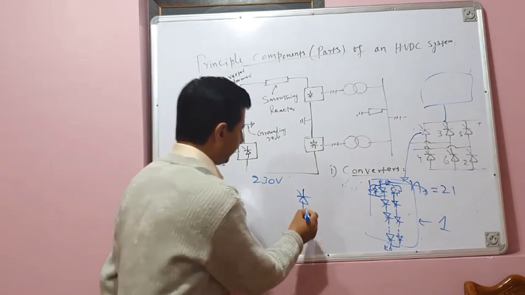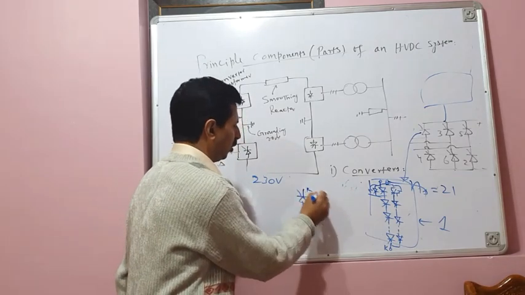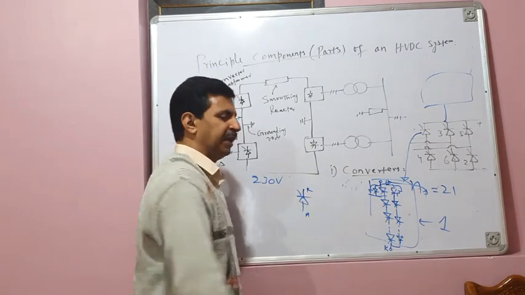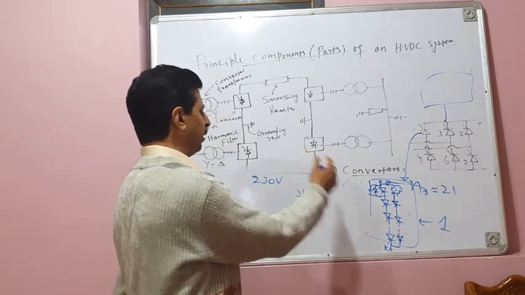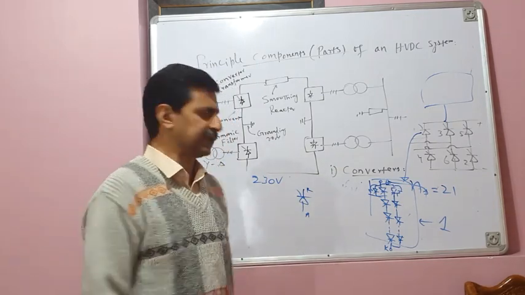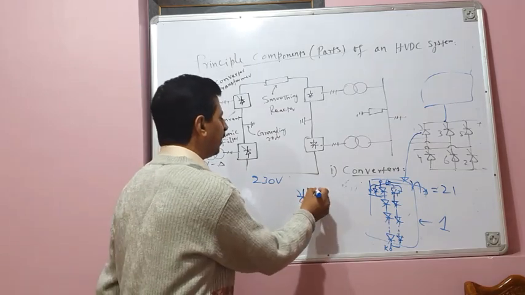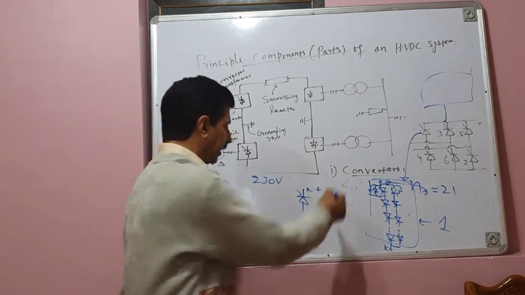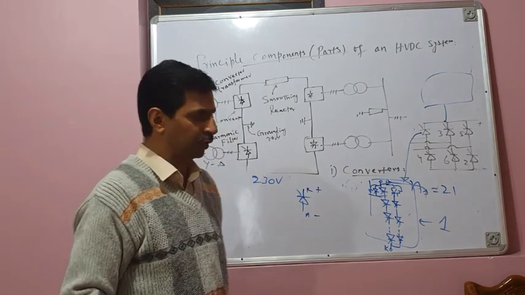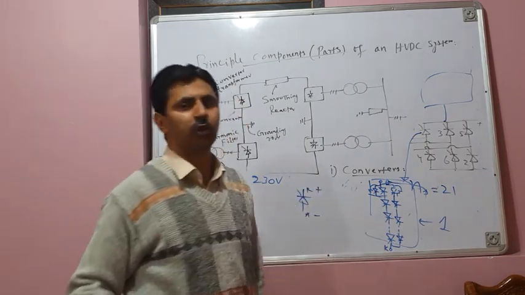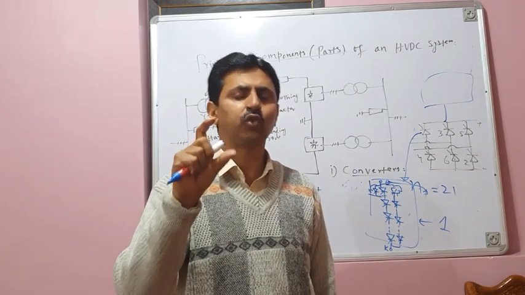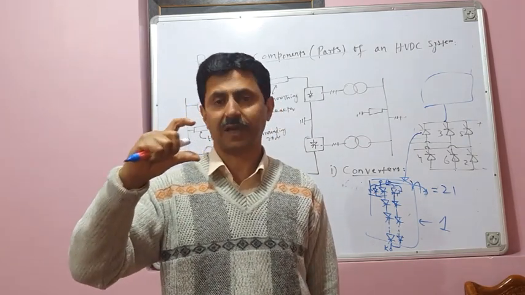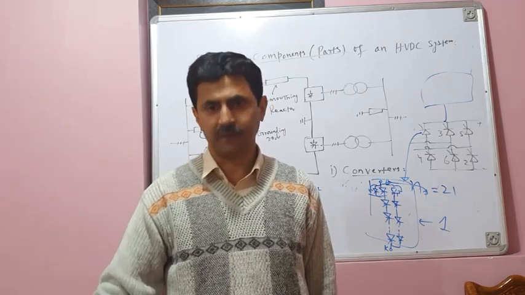When it is conducting from anode to cathode, ideally the impedance is 0 and it passes a certain amount of current, and the on-state voltage drop is 0. And when this terminal is positive with respect to this, it does not allow any current to flow from cathode to anode. So at that time it blocks the voltage. The magnitude or amplitude of voltage a thyristor blocks when it is reverse biased gives its peak inverse voltage.